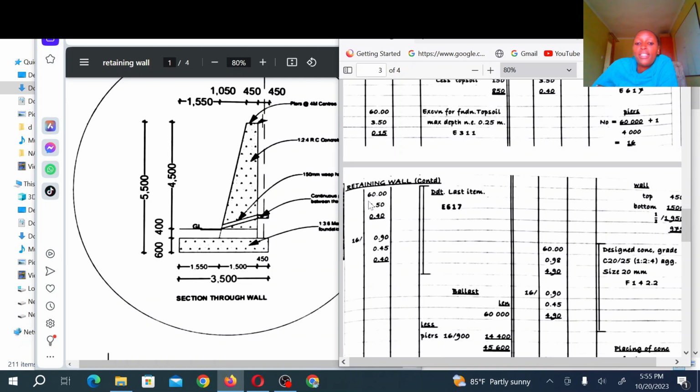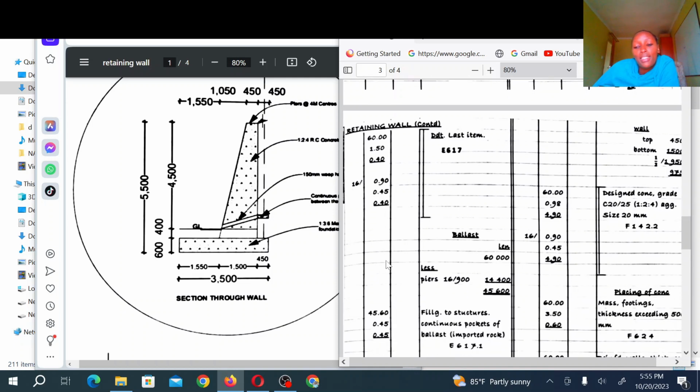So we shall deduct the length of the wall times the width of the wall, 1.5, times the depth where the imported rock should be placed. Then we multiply the number of piers times the length of a pier, the width of the pier, and the depth where filling should take place.